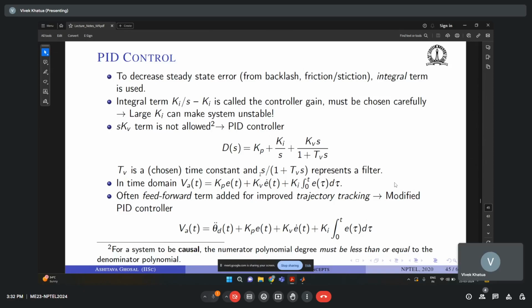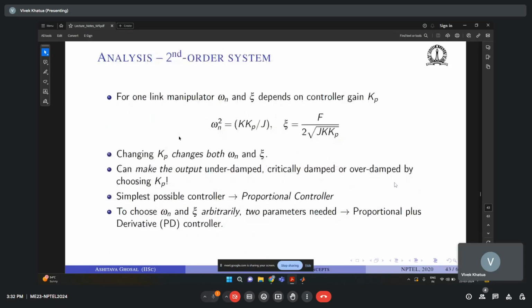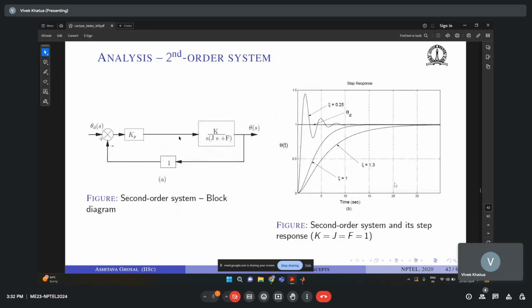We should be careful of choosing it. And also we don't want the skv term, because skv is reducing your order. The moment your order is reducing, you will have oscillations. So because of, I guess I skipped that. Yeah, I skipped that part.